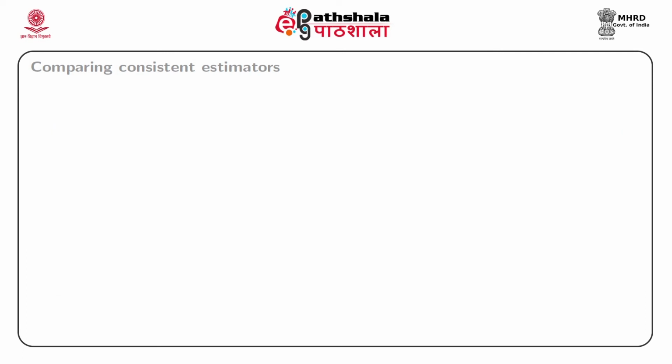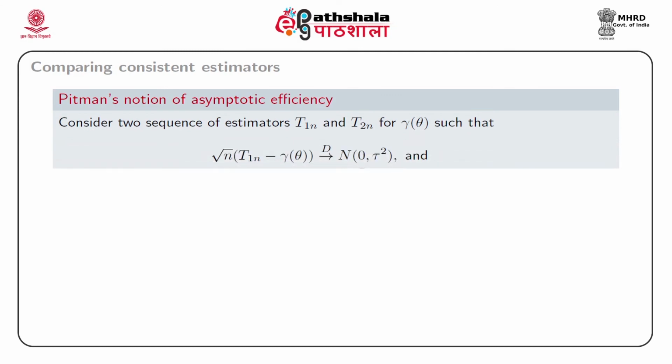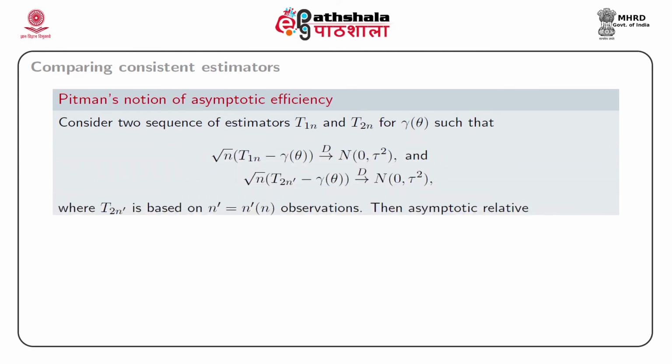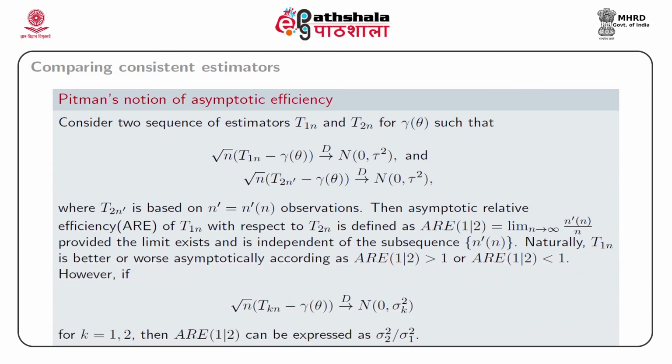So next we consider Pitman's notion of asymptotic efficiency. Consider two sequences of estimators T1n and T2n for gamma theta such that the large sample distribution of T1n is normal with variance tau square, and the large sample distribution of T2n', which is based on n' observations, is again asymptotically normal with the same variance.